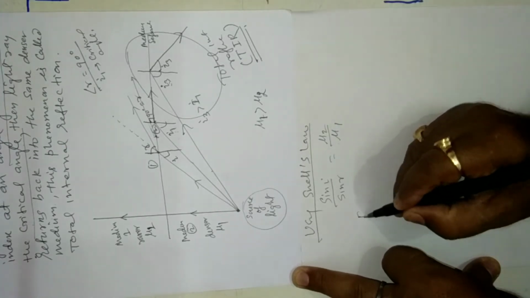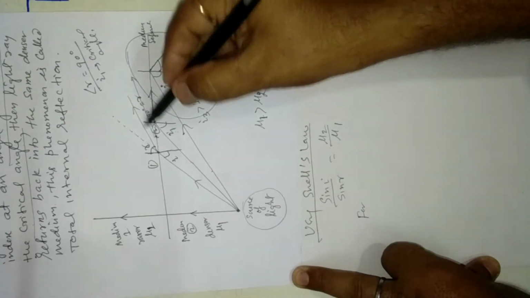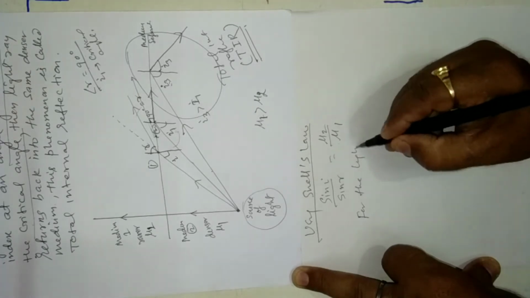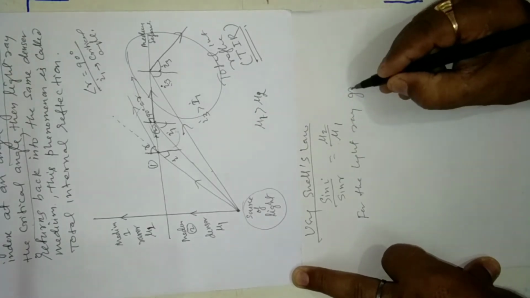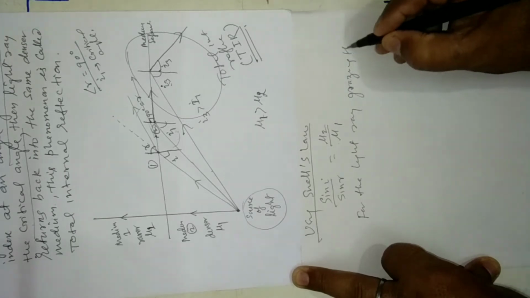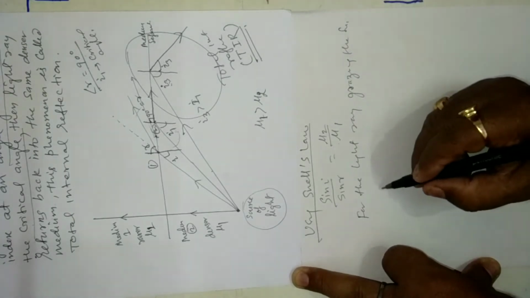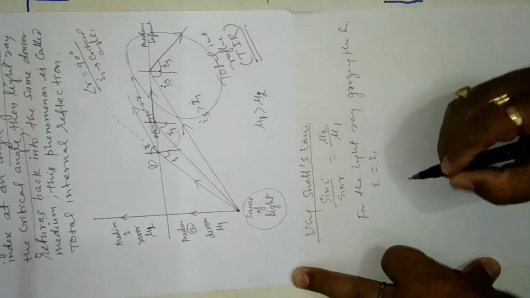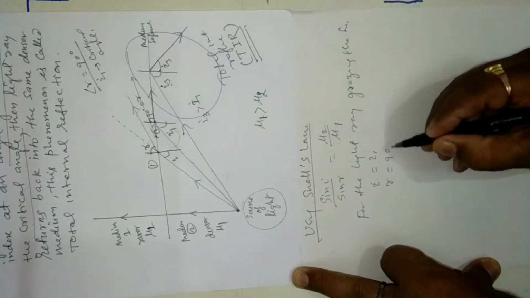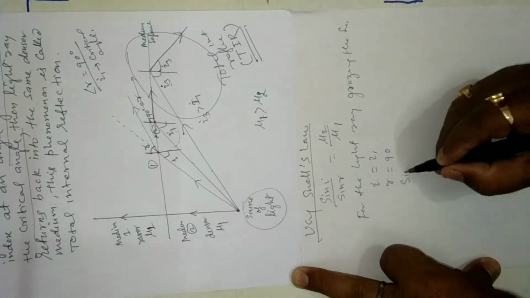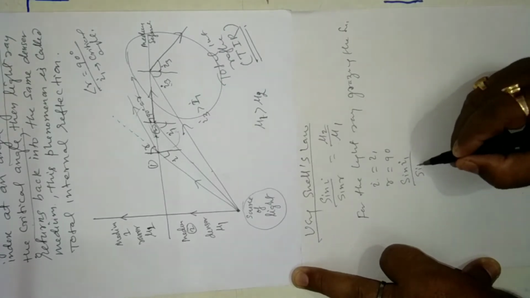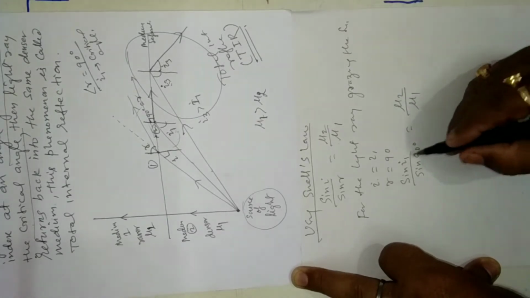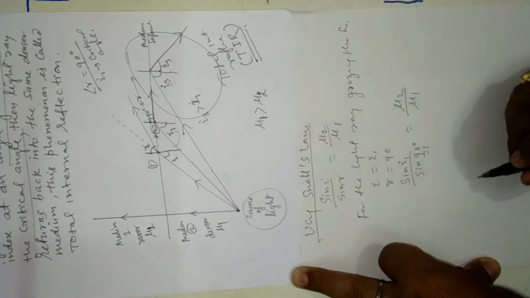Now we are taking the second situation, the light ray grazing the surface. At that time, I will be equal to I1 and R will be equal to 90 degrees. So sin I1 by sin 90 degrees is equal to mu 2 by mu 1. Sin 90 is equal to 1.